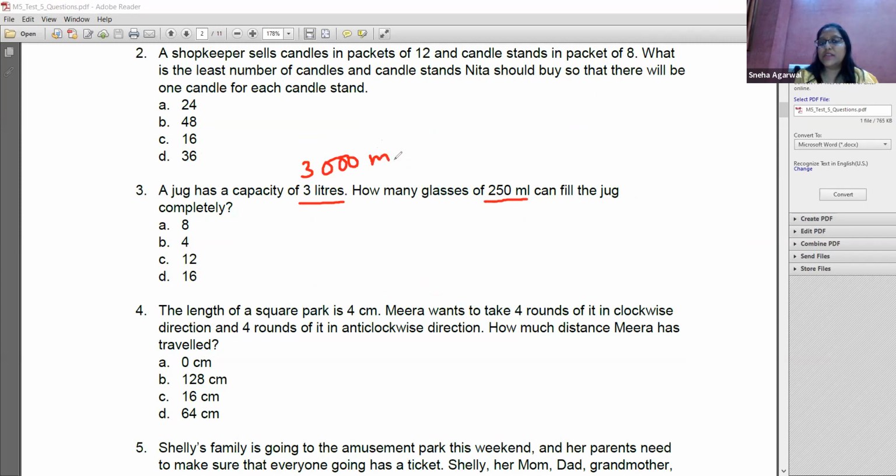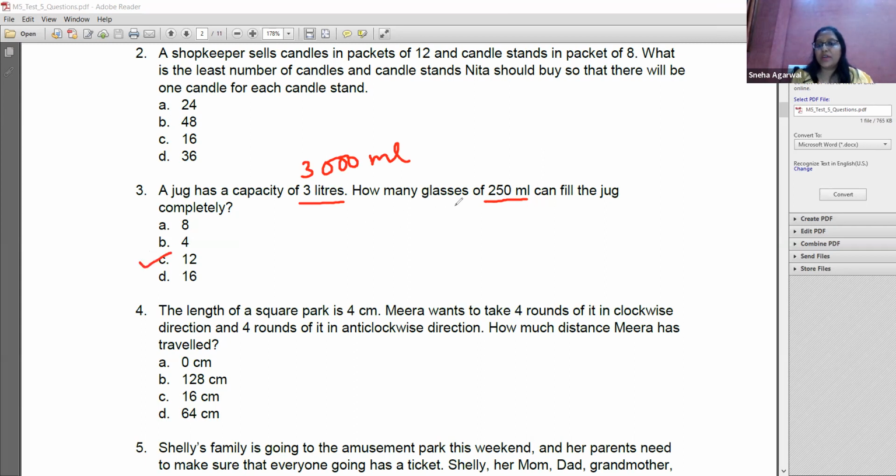When you fill the jug with a glass of 250 ml, 2 times is 500 ml, right? When you fill 4 times, that is 1000 ml. If you fill another 4 times, that will make 2000. Another 4 times will make 3000, right? So 4 plus 4 plus 4 is 12.